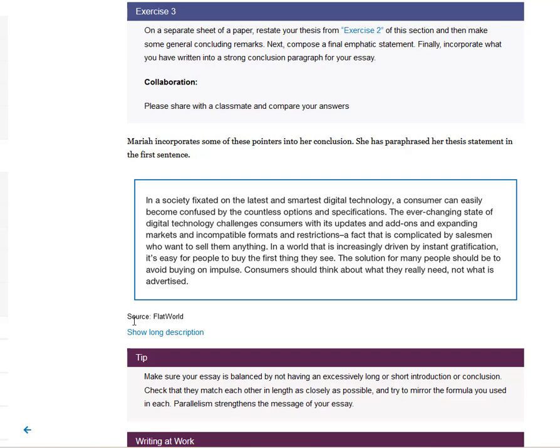The ever-changing state of digital technology challenges consumers with its updates and add-ons and expanding markets and incompatible formats and restrictions, a fact that is complicated by salesmen who want to sell them anything. In a world that is increasingly driven by instant gratification, it's easy for people to buy the first thing they see. The solution for many people should be to avoid buying on impulse. Consumers should think about what they really need, not what is advertised.